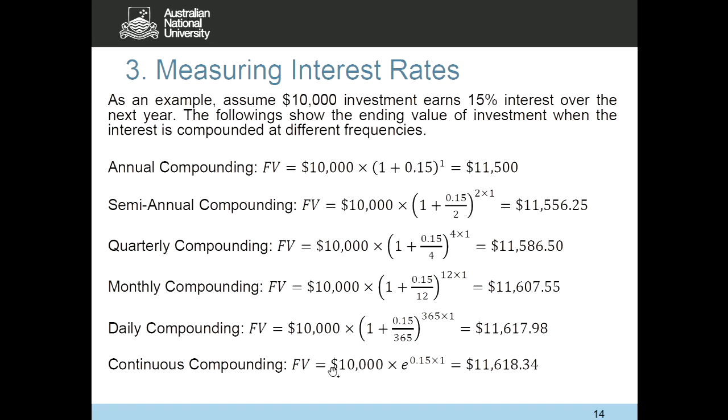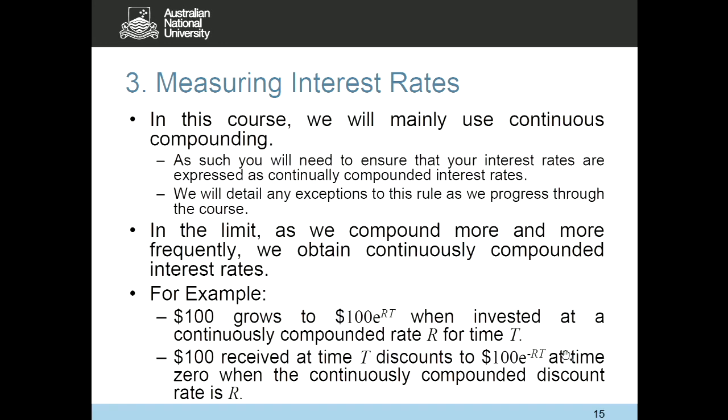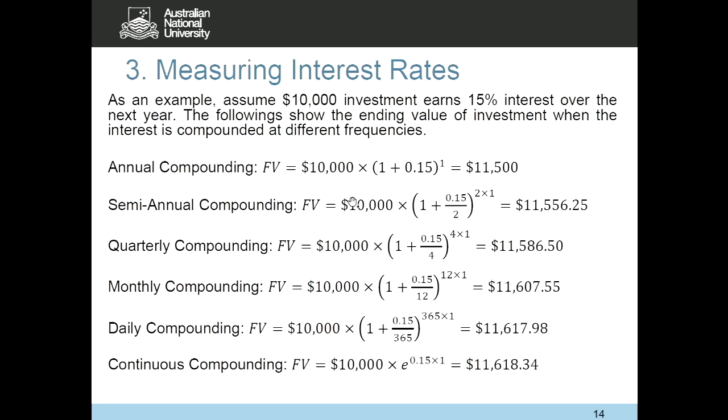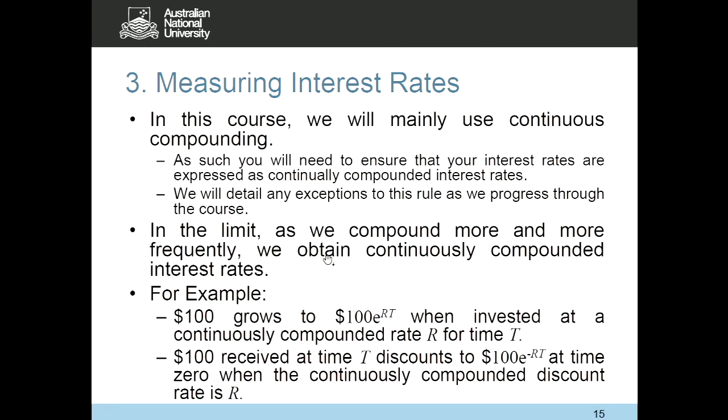Okay, so that's continuous compounding. I said I will detail any exceptions to this rule as we progress through this course. Unless you're told otherwise, you stick with continuous compounding.